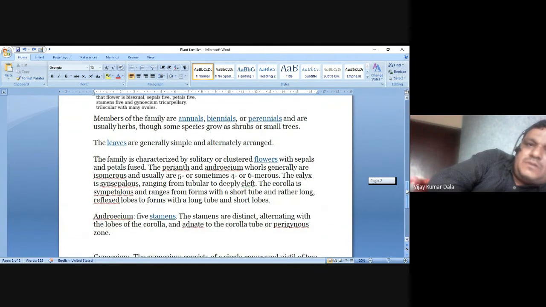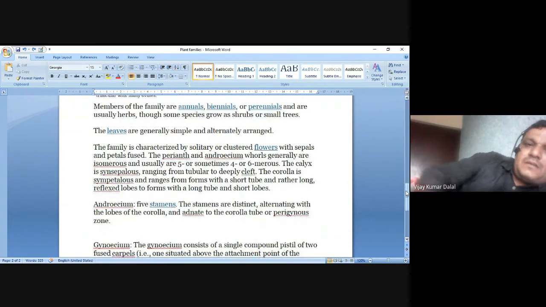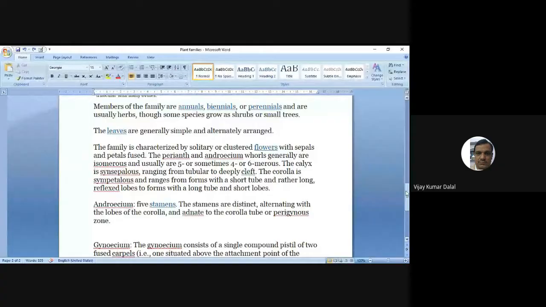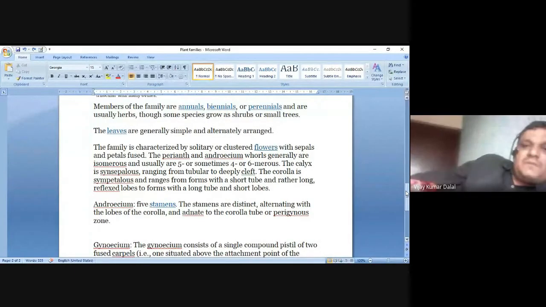Members of the family are annual, biennial, or perennial. Leaves are generally simple and alternately arranged. The family is characterized by solitary or clustered flowers with sepals and petals fused.